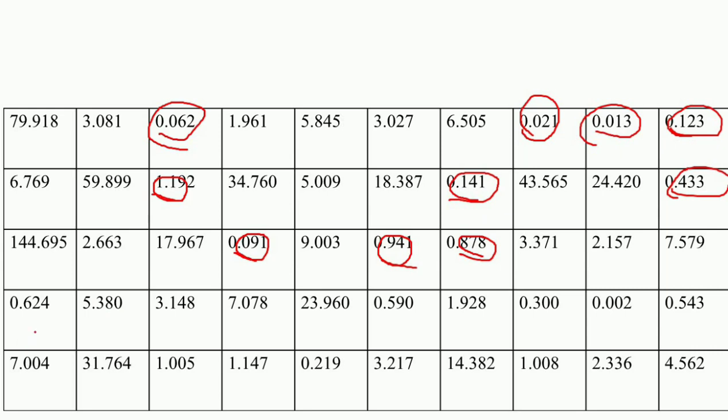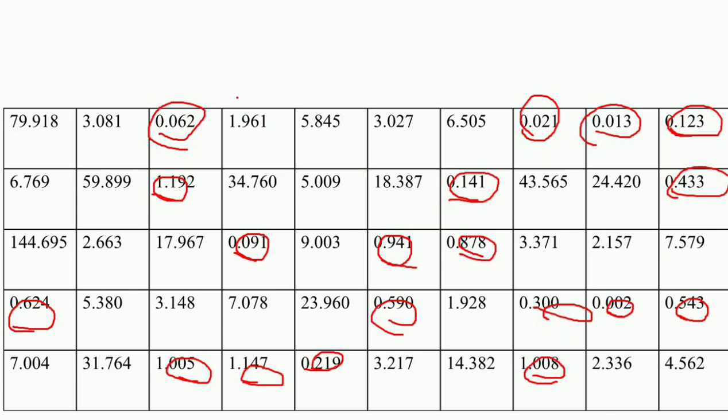And in the fourth row we have 0.624, and the next values are 0.590, 0.300, 0.002, 0.543, and in the next row 1.005, 1.147, 0.219 and here 1.008. These many values are there.